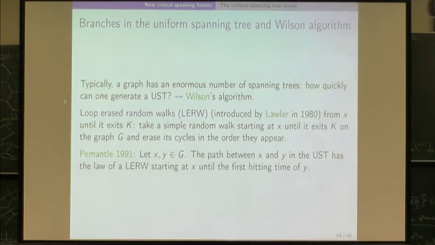And Pemantle in '81 proved that if you take 2 points x and y in your graph, then the branch in the uniform spanning tree between x and y has the law of a loop-erased random walk starting at x until the first hitting time of y.